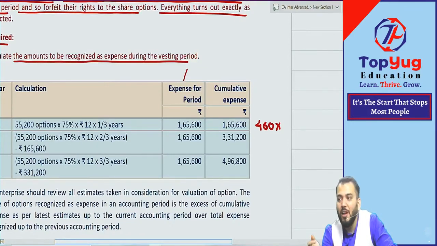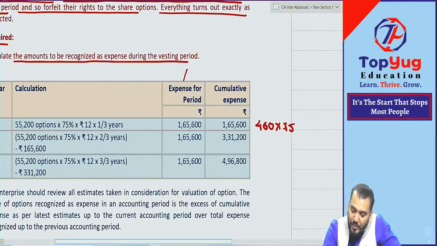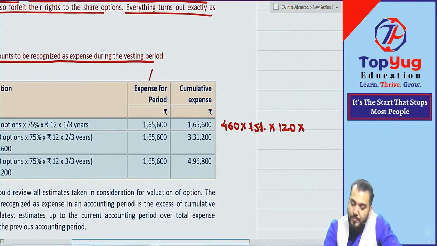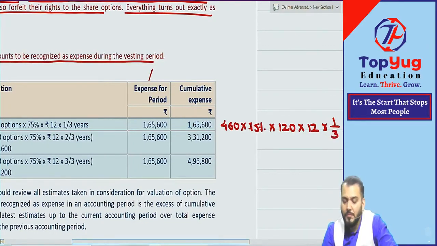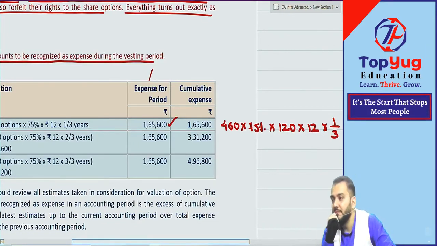That means 75% of employees are expected to be entitled to the option, so into 75% you can do. Correct? Into what? The number of options per employee, how much? 120. Then into what? Fair value of option, how much? Fair value of option is 12. Into what? 1 by 3. The same answer will come: 1,65,600. So what mistake have you done?